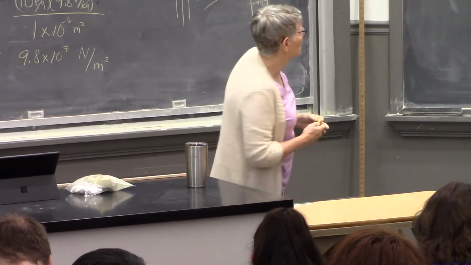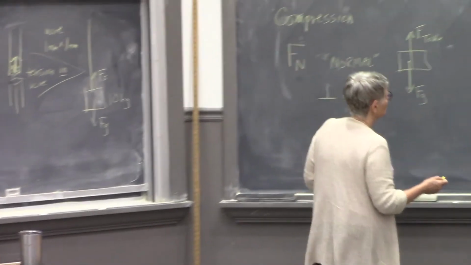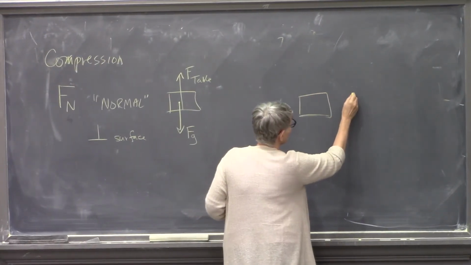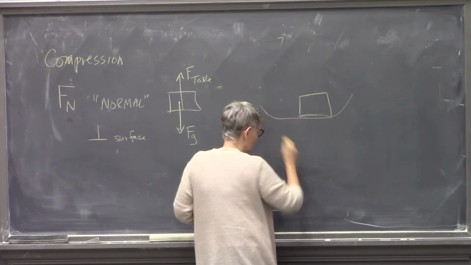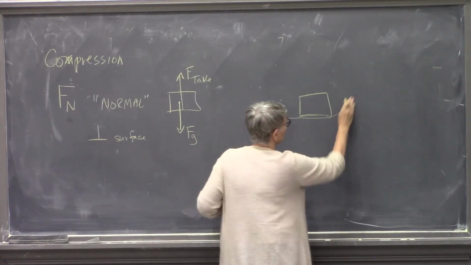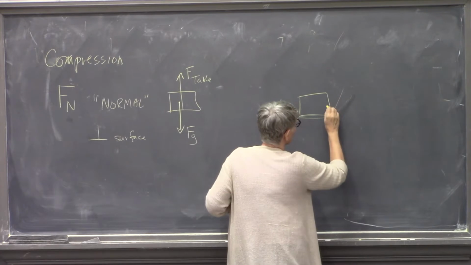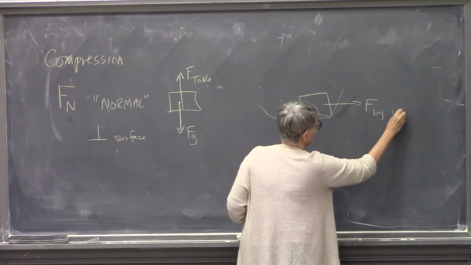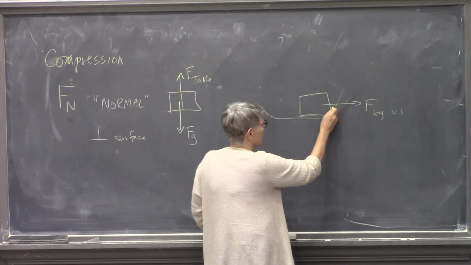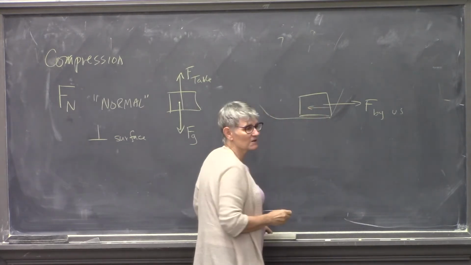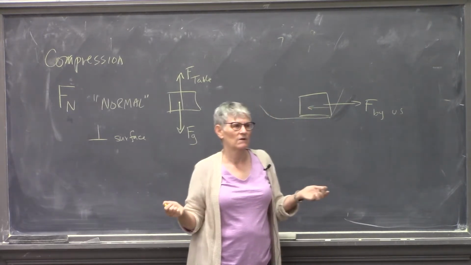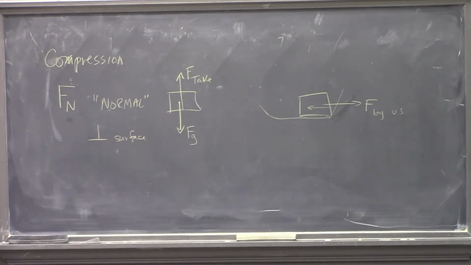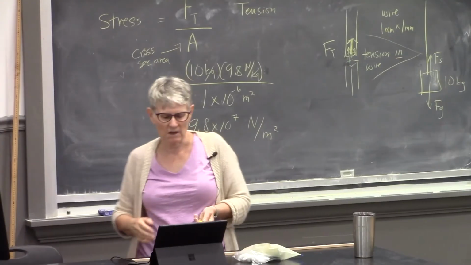And what are they going to do? So here's our brick sunk into the table. As we pull it this way, the table's going to exert a force back, isn't it? So what's that force called? Friction. That's friction.